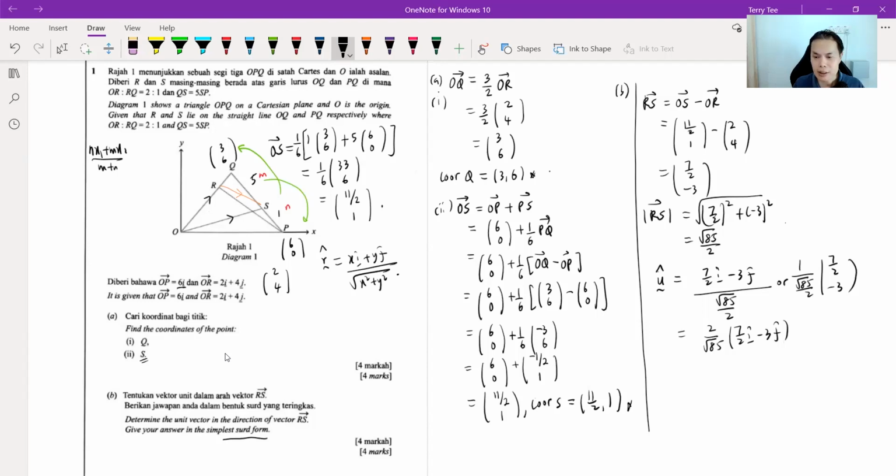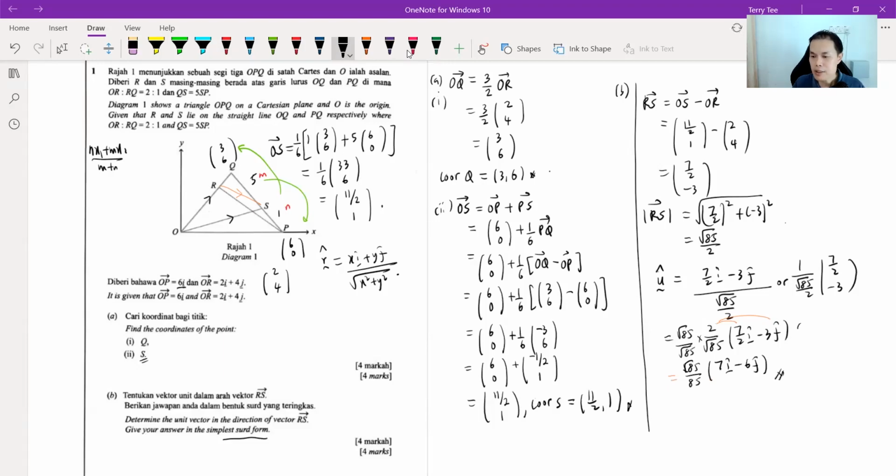So maybe I insert here. I multiply with surd 85, top and bottom. As for the 2, I think it's better to just multiply inside because I don't want the 7 over 2 there. This will give us surd 85 over 85, right? And the 2, when I times it in, is 7i minus 6j. So that will be the simplest surd form.